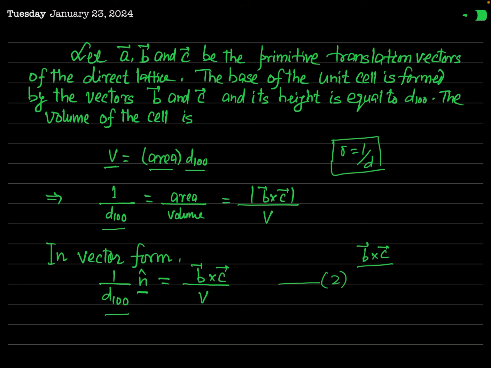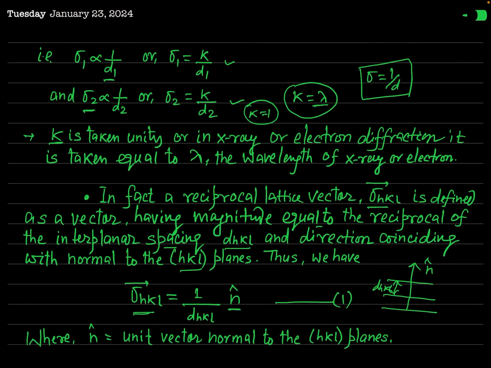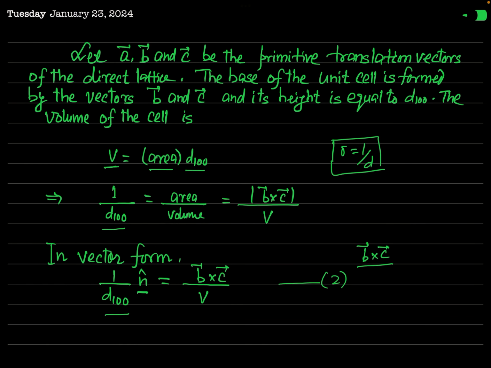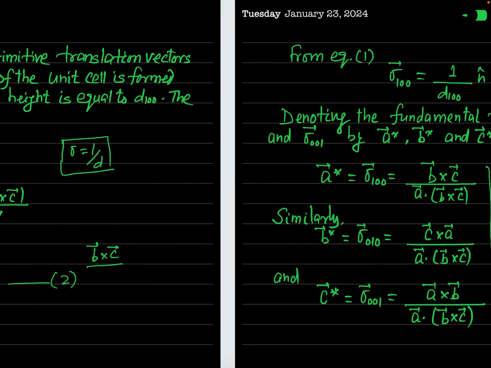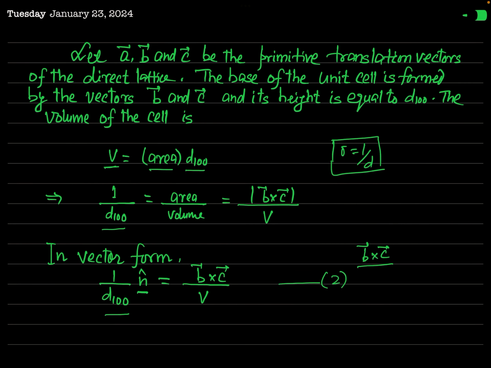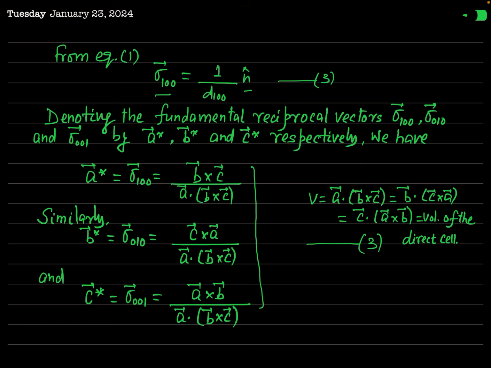But as you know, this 1 over d n hat represents the reciprocal lattice vector sigma. And so we can write that sigma 1 0 0 is 1 over d 1 0 0 n hat.